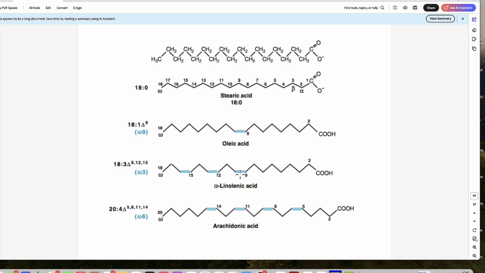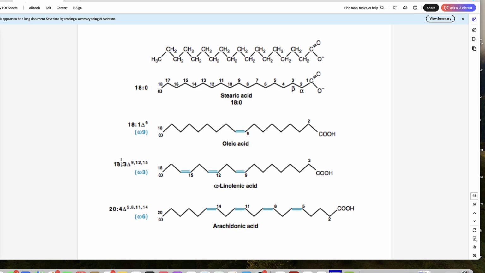Now, here, alpha linoleic acid, you're going to look at how many double bonds are present. Here we have 3 double bonds. Okay? So because we have 3 double bonds, we now need to be able to number them. So we know alpha linoleic acid has 18 carbons. There are 3 double bonds.